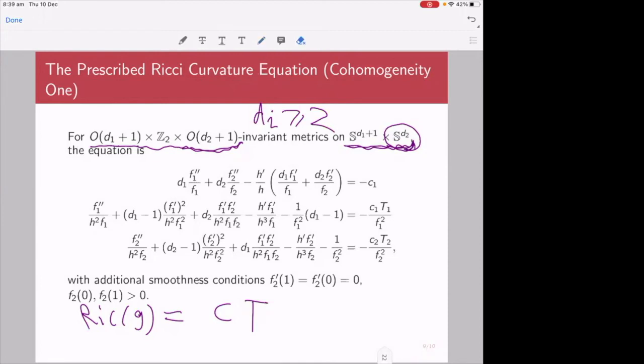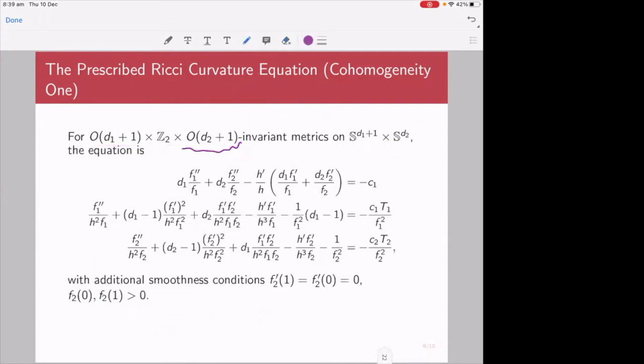Okay, what does the prescribed Ricci curvature problem look like this time? Well, maybe it would be best to describe what the functions are.